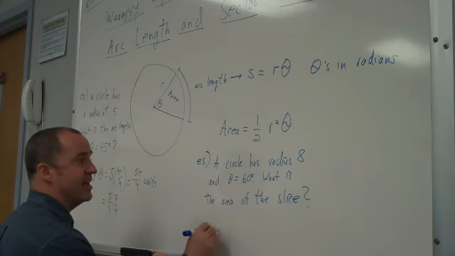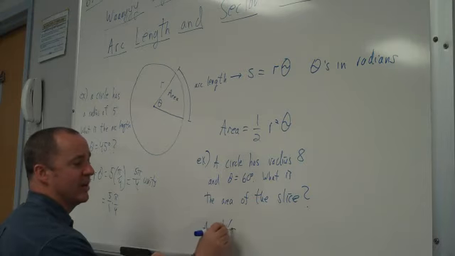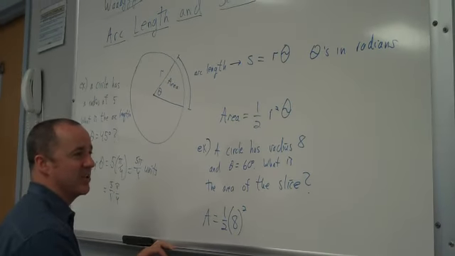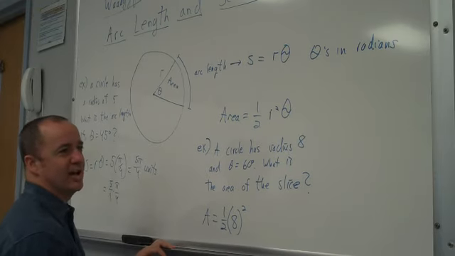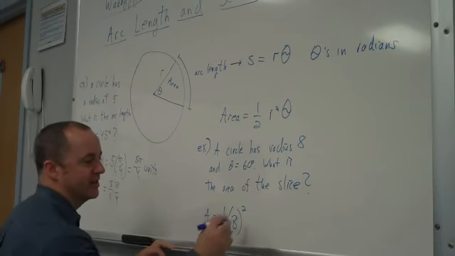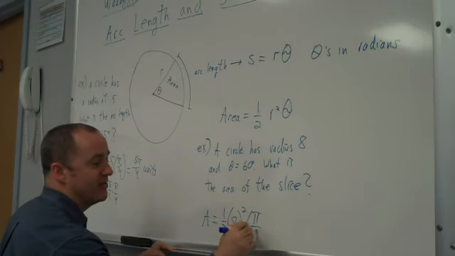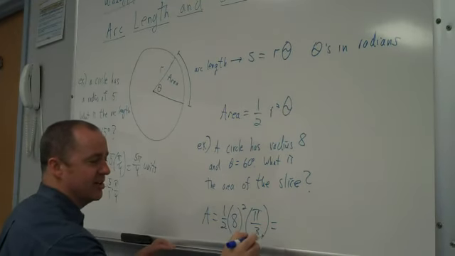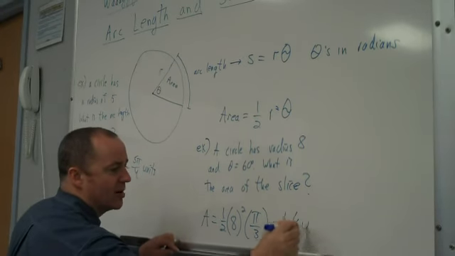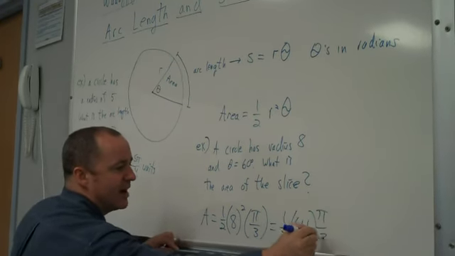So you say A equals 1/2 times the radius squared. Put 8 in for the radius and square it. What is 60 degrees in radians? It's right up there, take a look. Pi divided by 3. So it gets a little ugly here, but this becomes 1/2 times 64 times pi over 3.